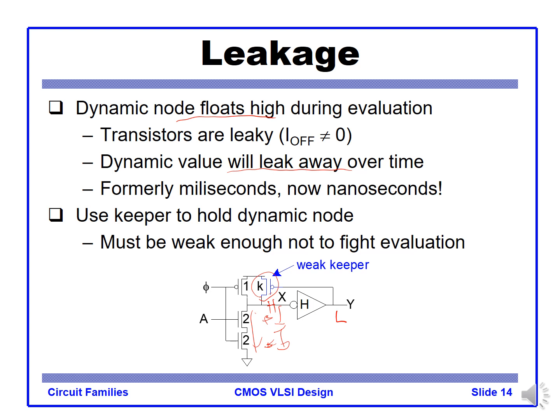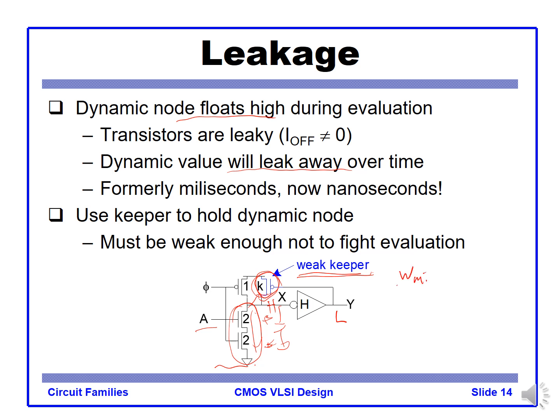But this one should be weak enough so that when the pull down network is activated, it can overcome the strength of the PMOS, and we can pull down properly depending on the A, right? So we usually put the keeper device very small, at minimum device size, or even minimum device size plus a larger length.